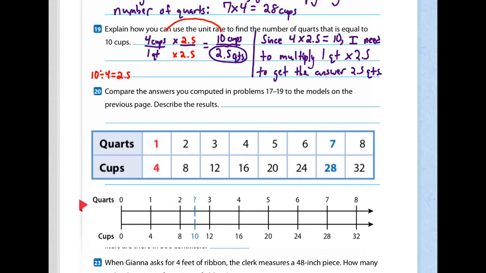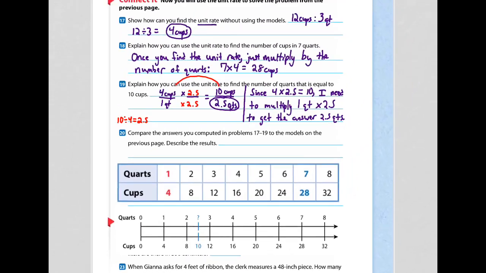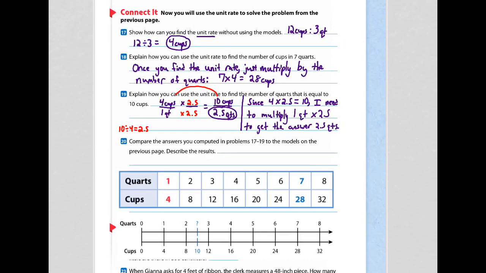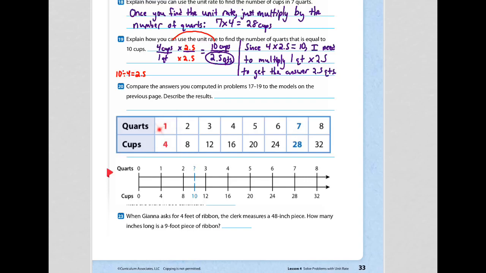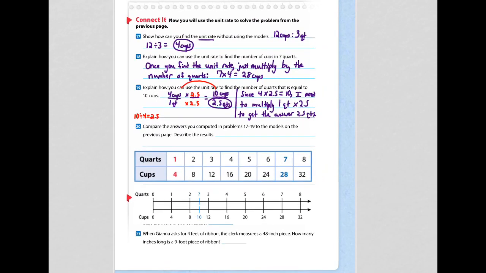Now let's compare them. First off, in number 17, we figured out that the unit rate is 4 cups. So let's compare them with the table. The unit rate here is 4 cups. Remember, it's the number that's with the 1. Okay, so far they're the same.